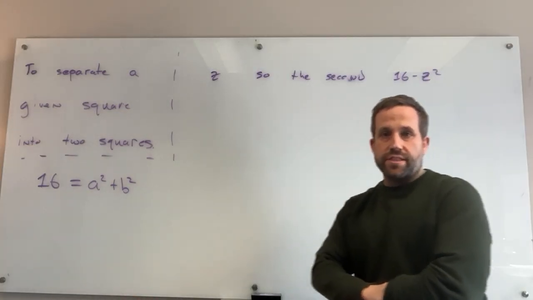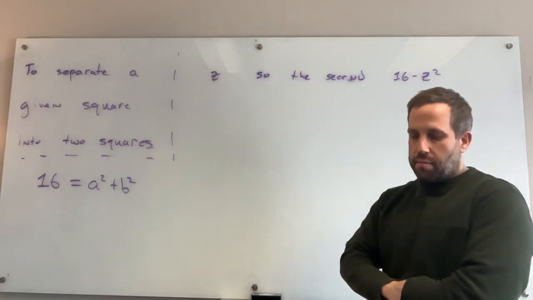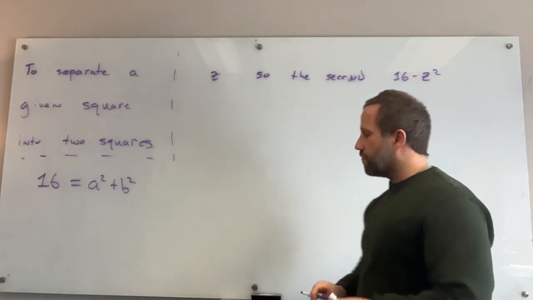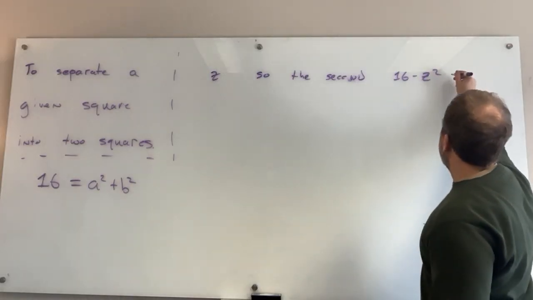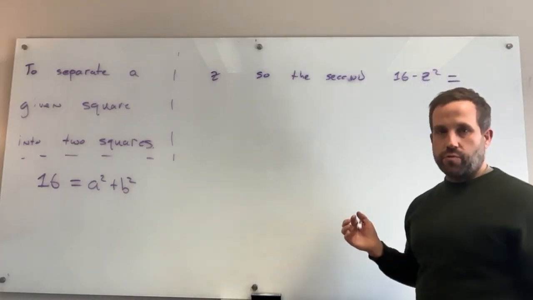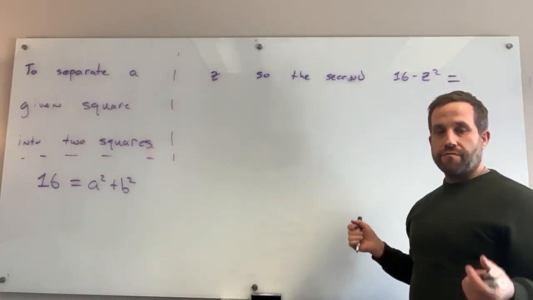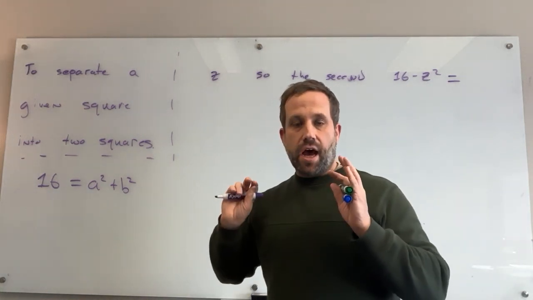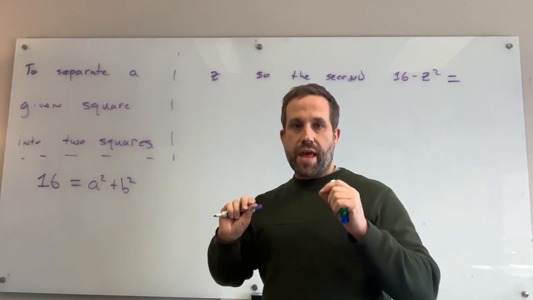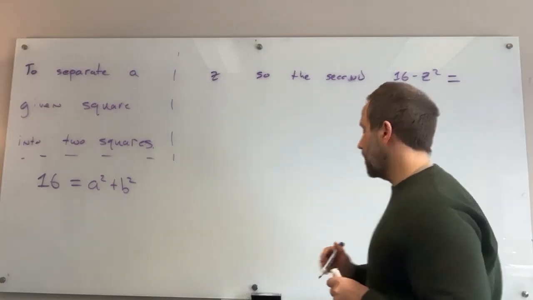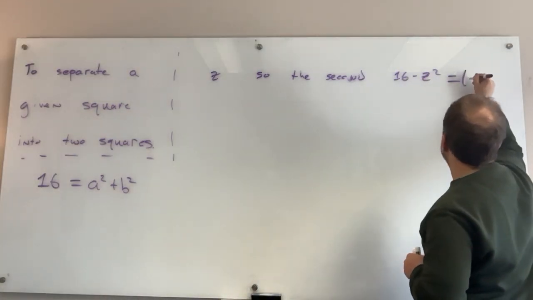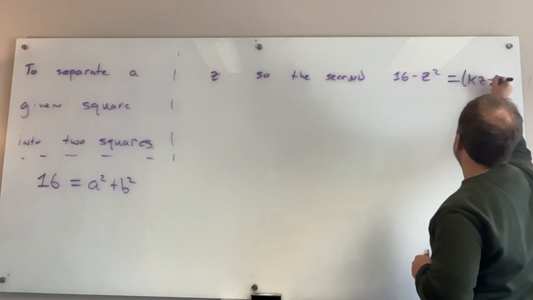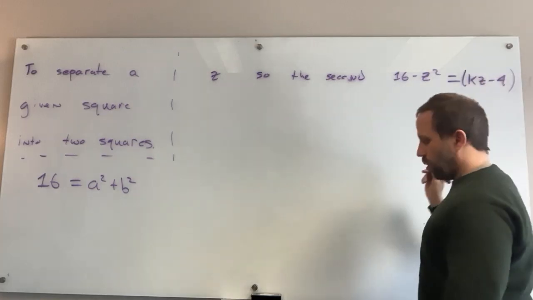Or the square of the second has to be 16 minus z squared. And what he further assumes, just to get an equation that we can solve, is that the second solution is 4 less than an integer multiple of z. So he assumes that this is kz minus 4.